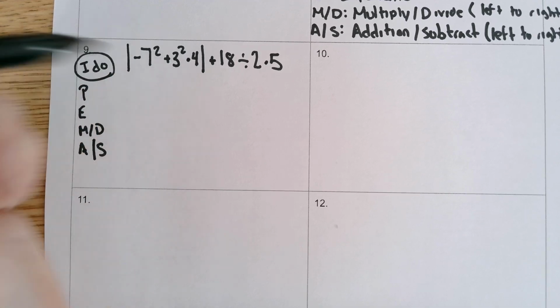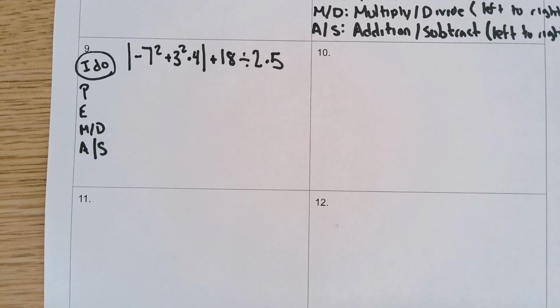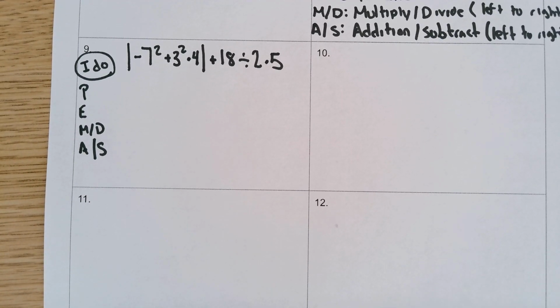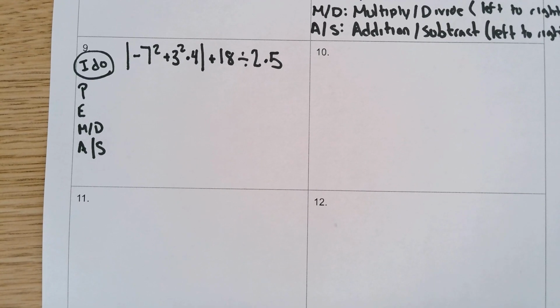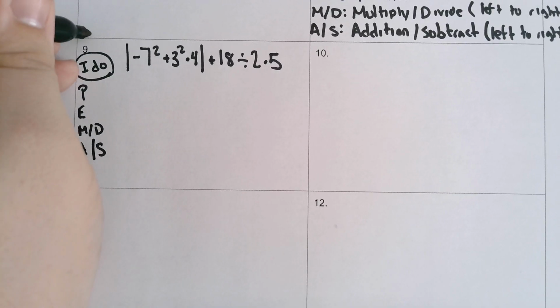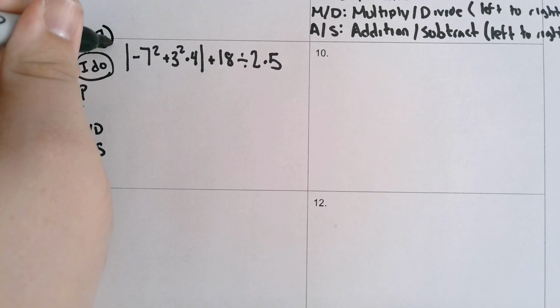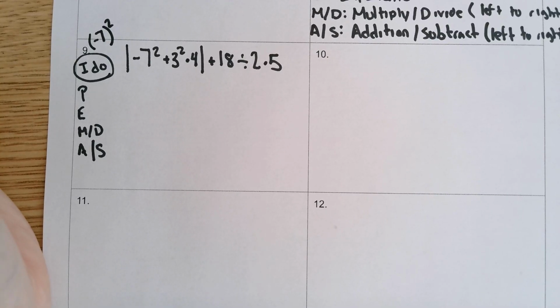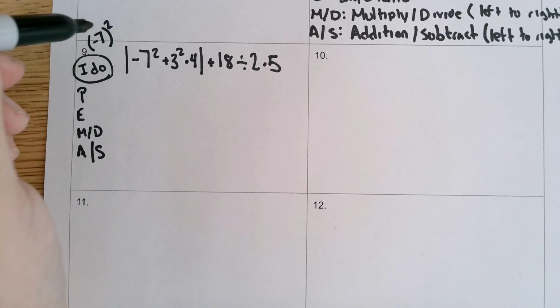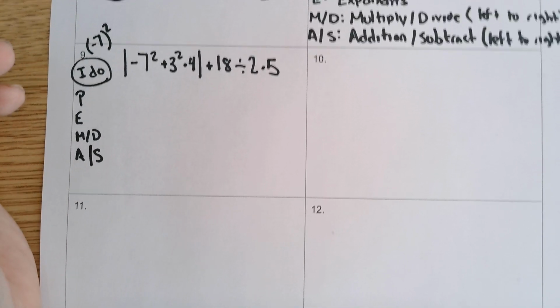Negative 7 squared. Now, this is very important. How this comes out is all dependent on how it's written. If it was written negative 7 in parentheses, like so, squared, then you would do negative 7 times negative 7, which would give you positive 49.